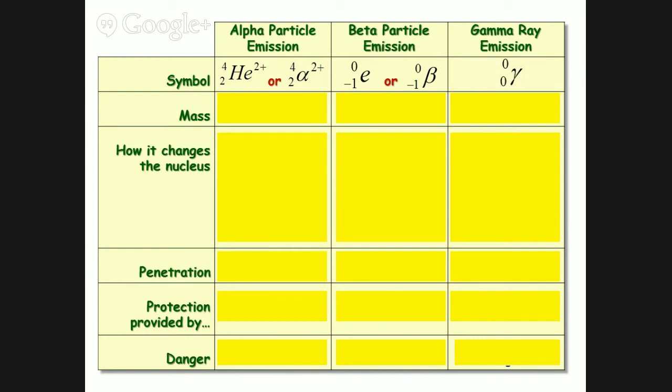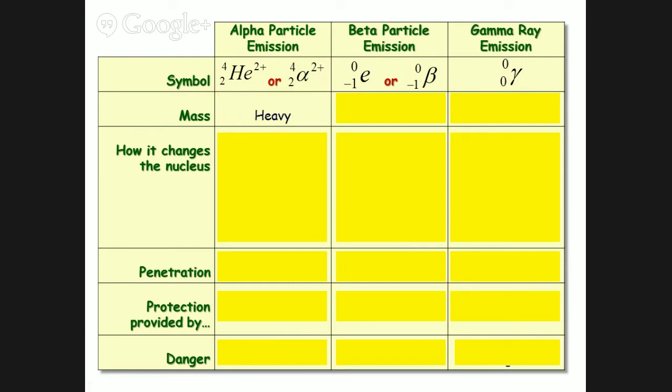Also, their alternate forms. In other words, not only do we have the alpha symbol with the A, but an alpha particle is the He, 4-2 with the 2 plus for its charge. Not only is a beta particle with this cursive B, it's also an electron. For the gamma, that's just a high energy photon. We don't have a second symbol for it.